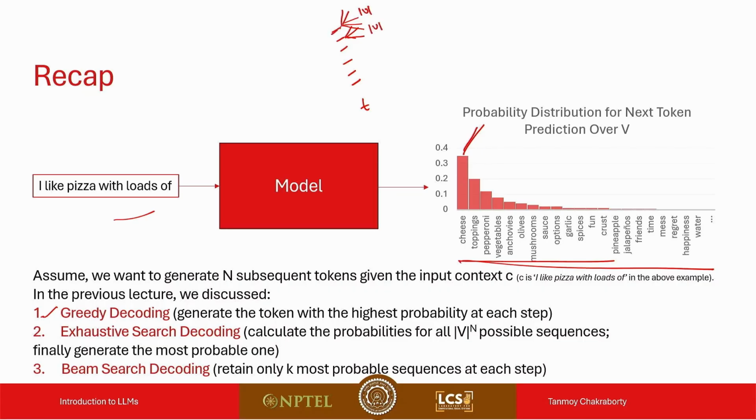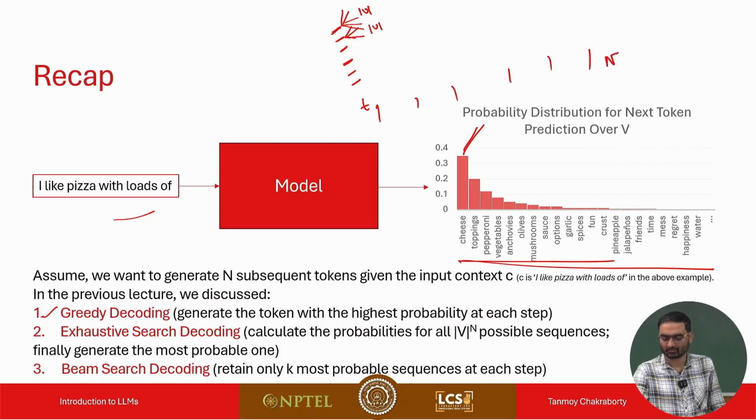So at every position you have |V| options. And how many words do you want to output? You want to output n words, so you have |V| to the power n possible sequences, which is not feasible.